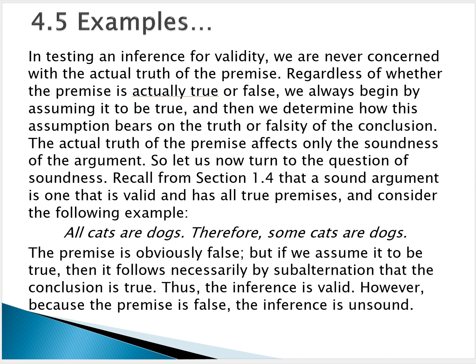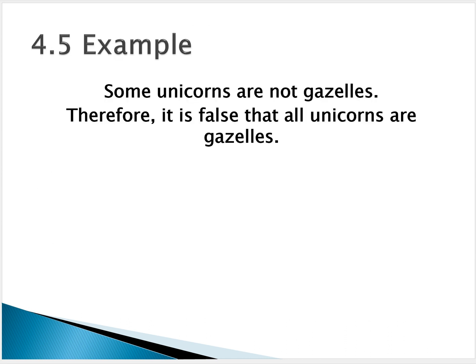Because if all cats are dogs, then some cats would have to be dogs. Thus, the inference is valid. However, because the premise is false, the inference is unsound. Again, remember, valid and sound don't mean the same thing. So we have a valid argument that is unsound and commits no fallacy, depending on what viewpoint you look at it from.